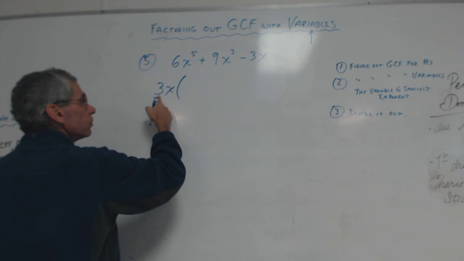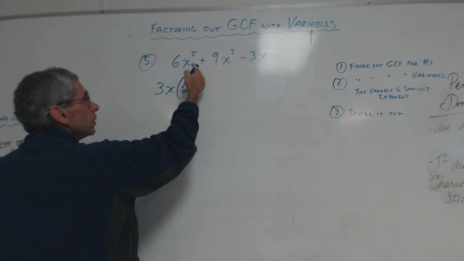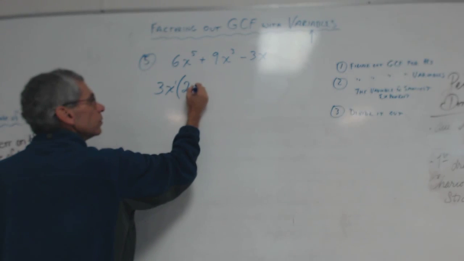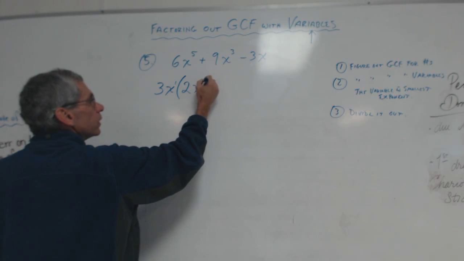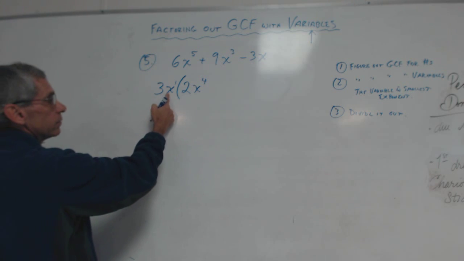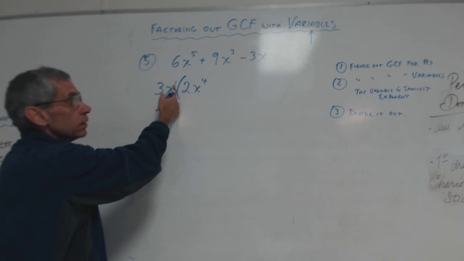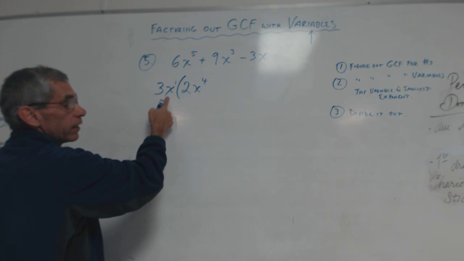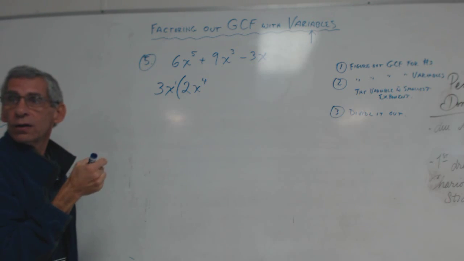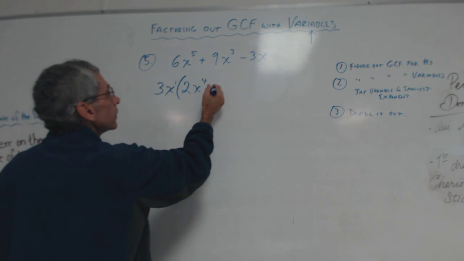So 6 divided by 3 is 2. And what's the exponent here? It's a 1. So it's going to be x to the 5 minus 1, which is 4. Plain old x is x to the 1. When I say do x to the 5th divided by x, it's just taking away one of the x's, so it's x to the 4.